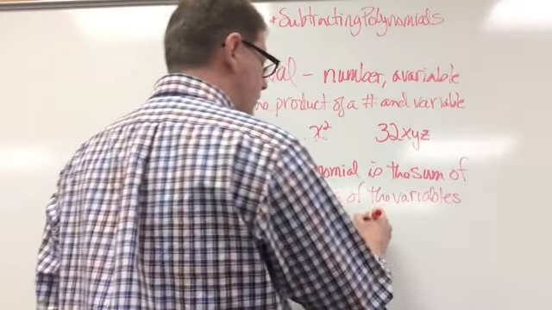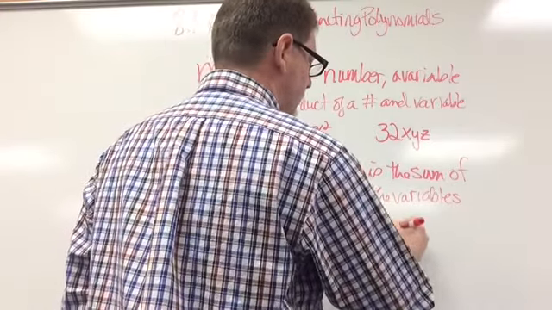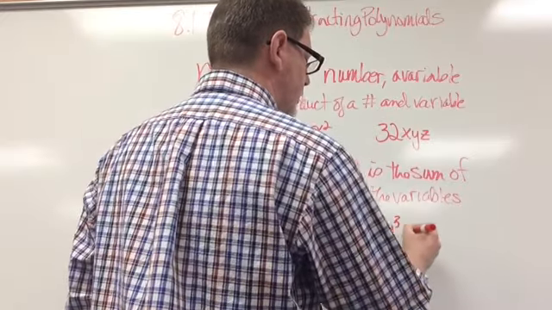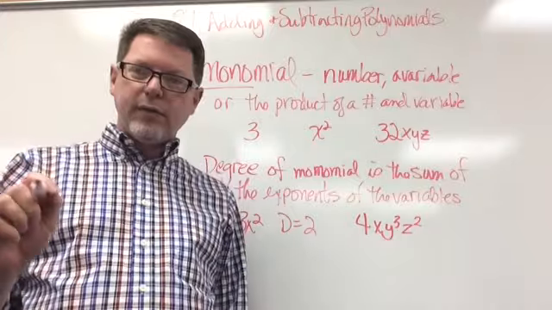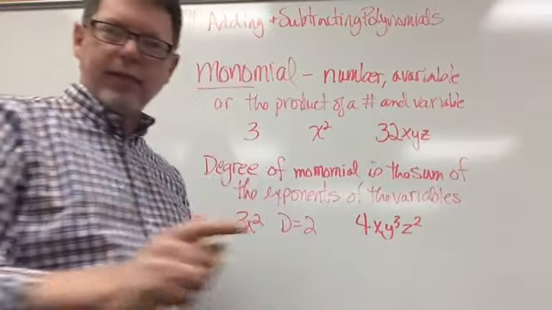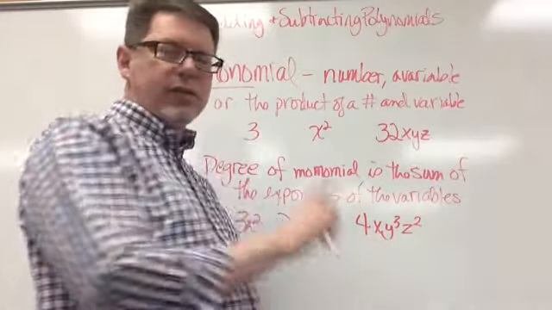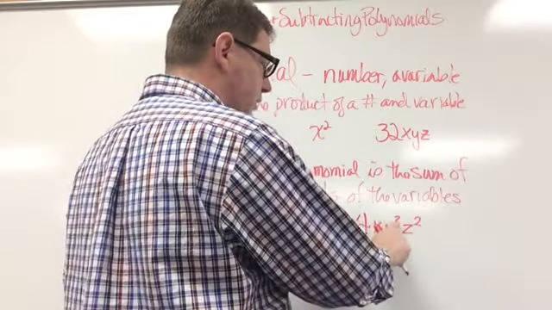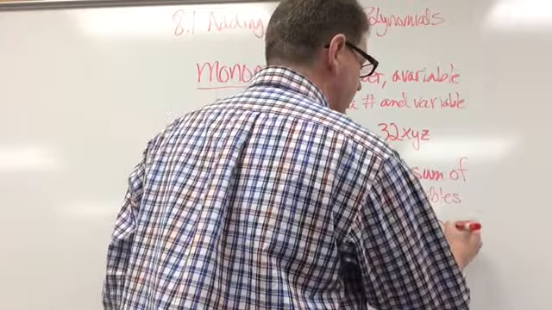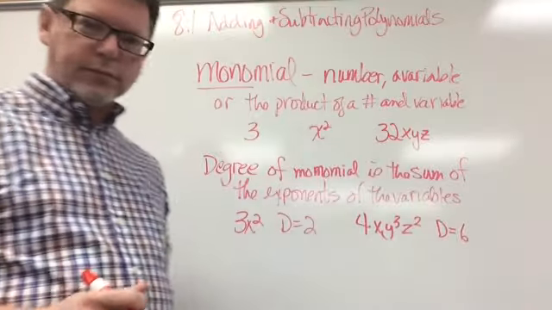If I have 4xy to the third z squared, then I look at all of the variables, x, y, and z, and add up their exponents. The exponent for the x is 1. So 1 plus 3 plus 2, the degree equals 6.